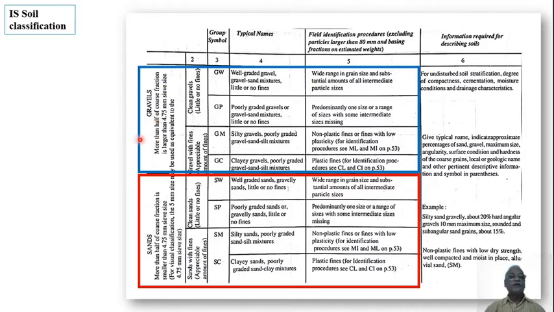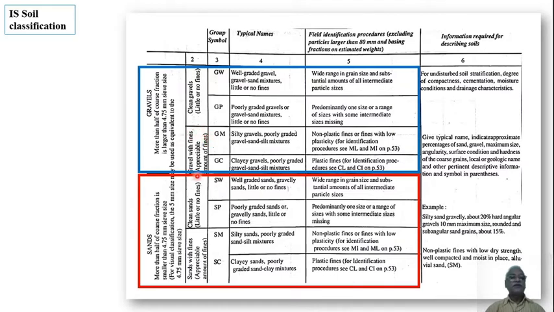The gravels are particles which are greater than size 4.75 mm, and if the particles are between 4.75 mm and 75 microns, then they are called sands. Then group symbols, depending upon the other criteria: gravel well graded, gravel poorly graded. Here we have to see that the fines are less than 5%.